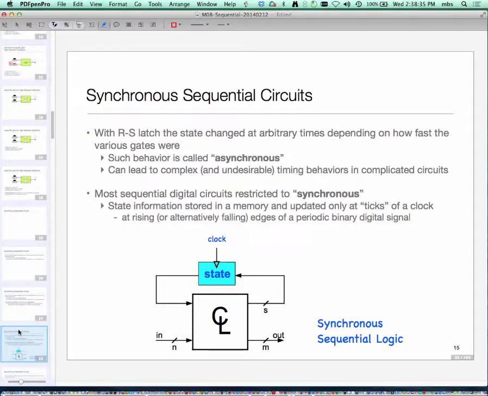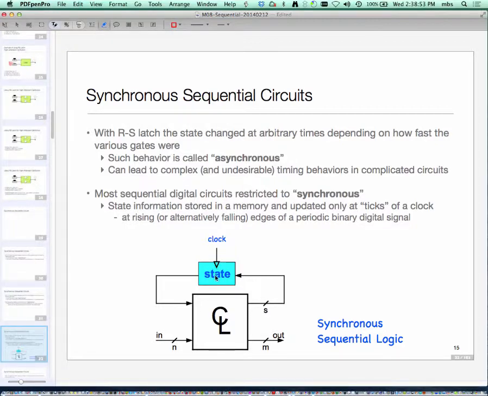Okay, so what we are looking for now is kind of a special blob. We call it a state, a register, a flip-flop. It has a special input which is indicated by this triangle sign, and our clock signal feeds to it.